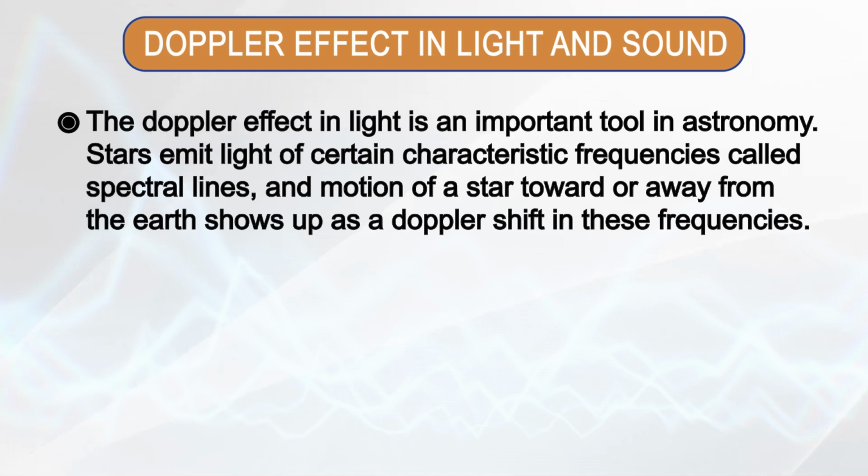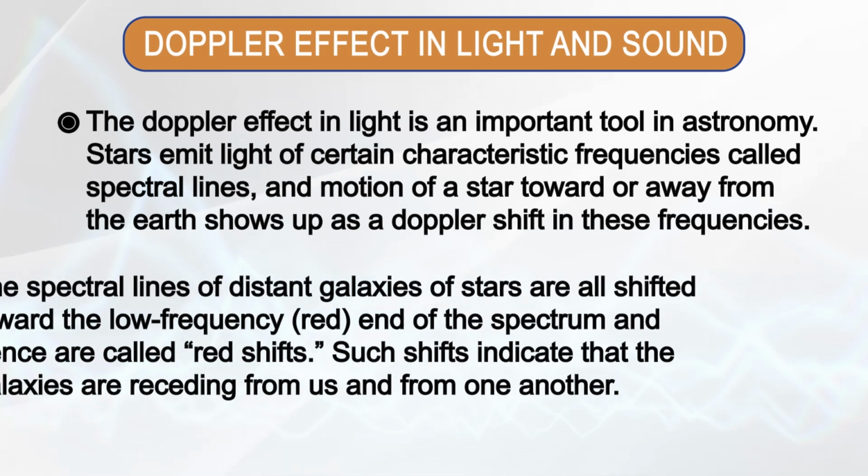That is the spectral analysis, also known as photometric analysis. On the basis of the wavelength, we can know the material components of the star, its temperature, its distance, and other things, and the motion of a star towards or away from the earth shows up as a Doppler shift in the frequency.